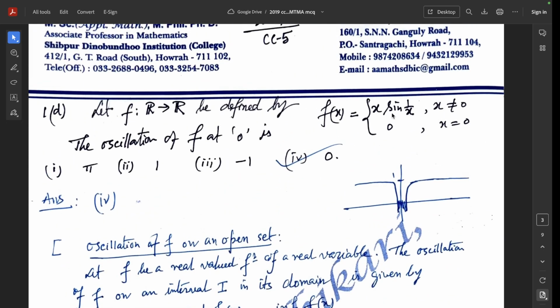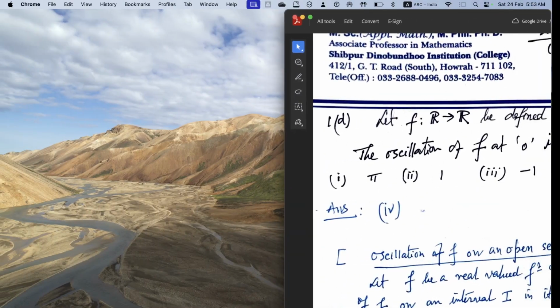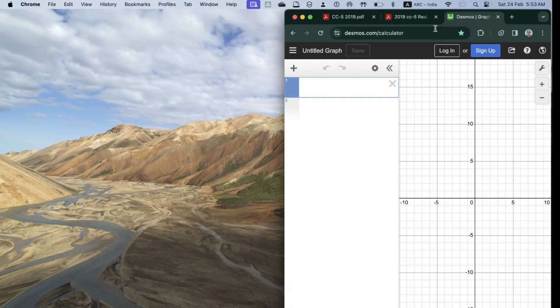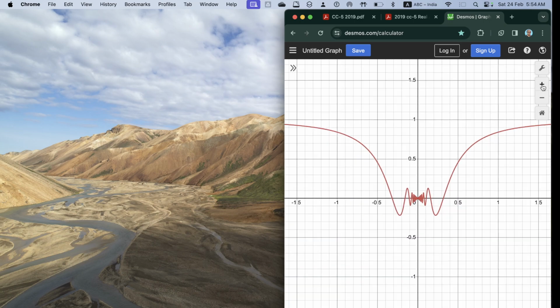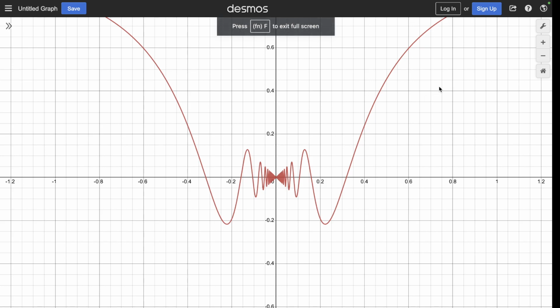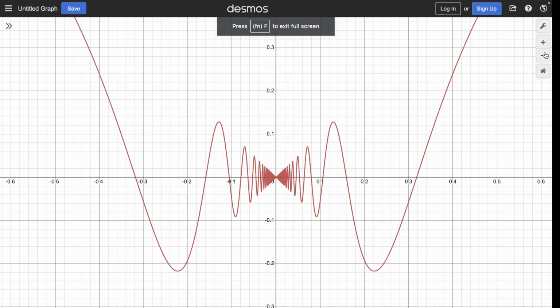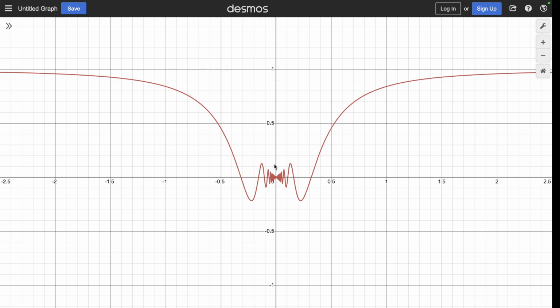Now here the function is x sin(1/x). This is x sin(1/x) in the Desmos graph, and this is the graph of it. So the beautiful graph is this. This is the x-axis, this is the y-axis, and this point is the origin.